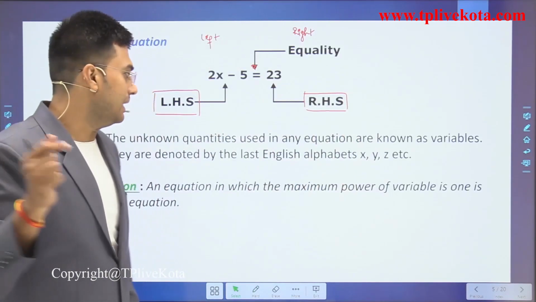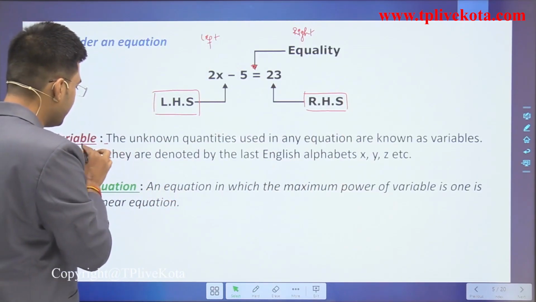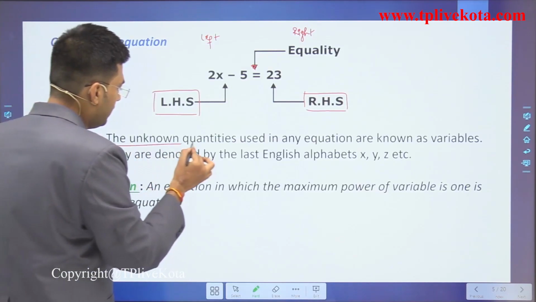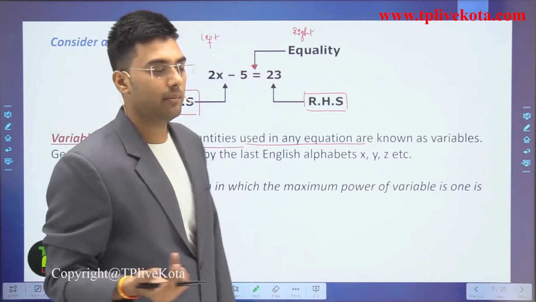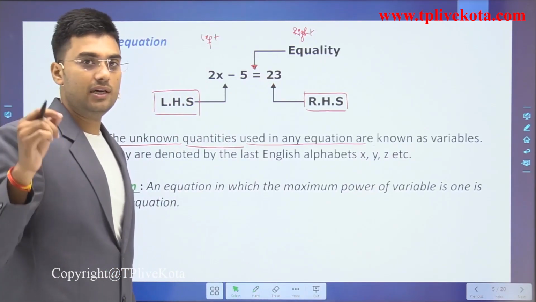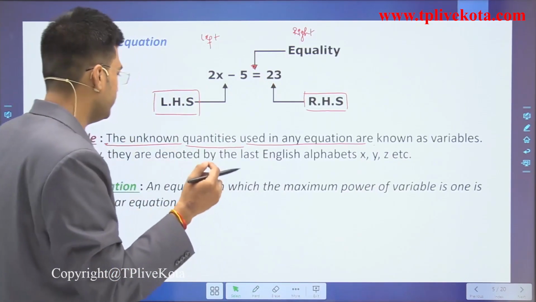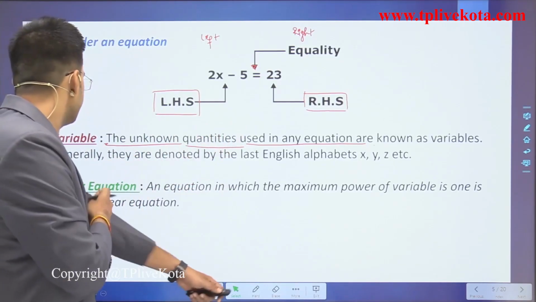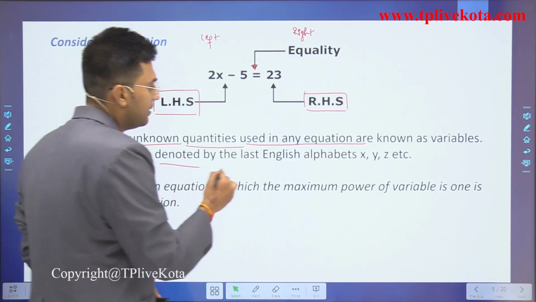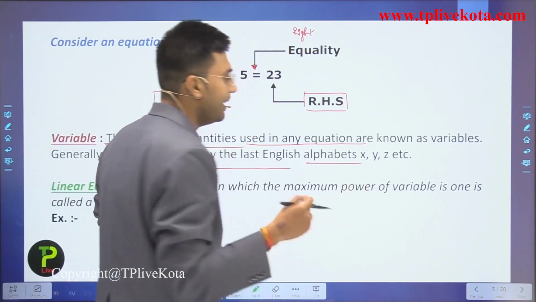Clear? Now, what are variables? The unknown quantities used in any equation are known as variables. Generally, they are denoted by the last English alphabets x, y, z.